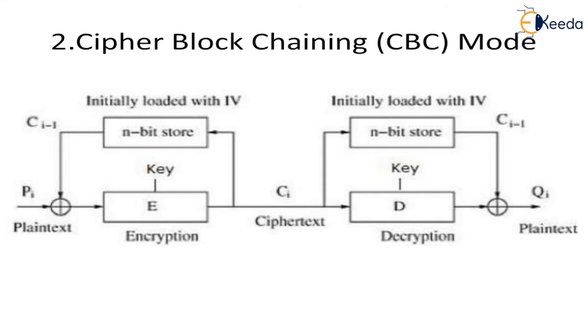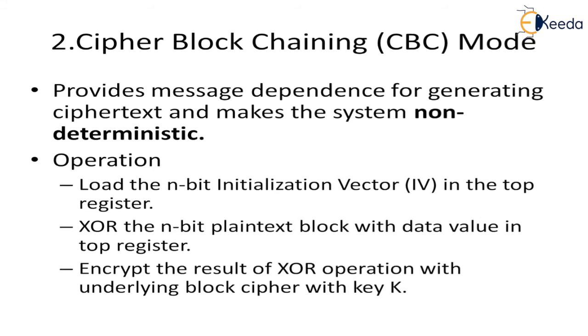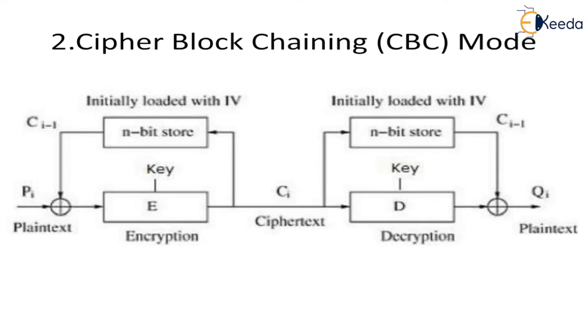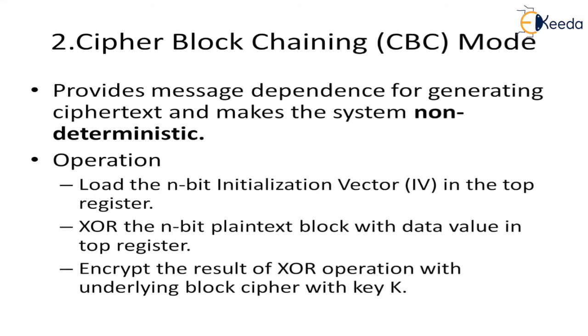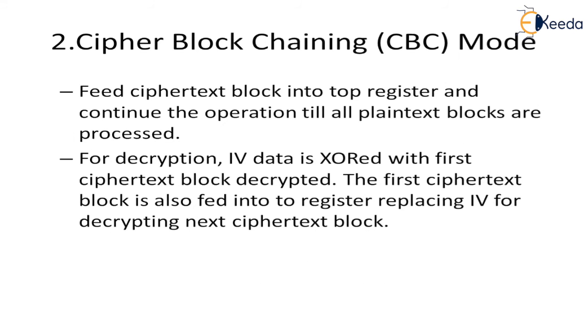Then encrypt the result of the XOR operation with the underlying block cipher with the key K. Here the key is used for the encryption algorithm after the XORing operation at the transmitter side. Now feed the ciphertext block into the top register and continue the operation till all the plain text blocks are processed. The next step is decryption.